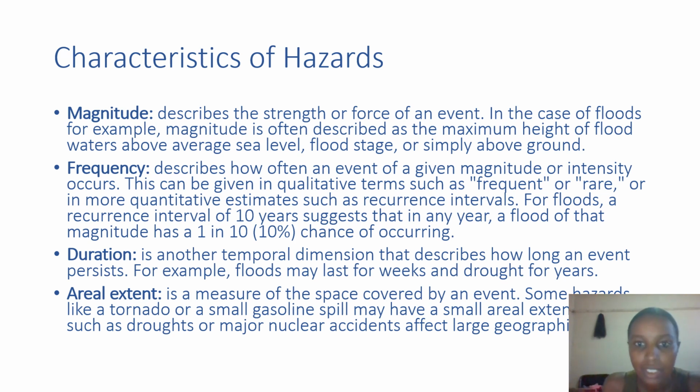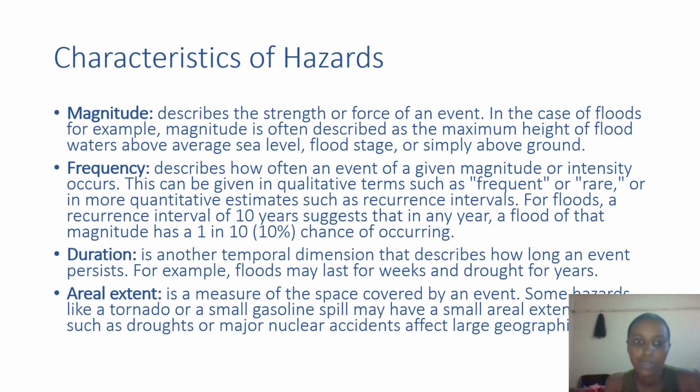This can be in qualitative terms such as frequent or rare, whereby for floods, a recurrence interval of 10 years suggests that in any year, a flood of that magnitude has a 1 in 10, which is a 10% chance of occurring, which we find is so rare.